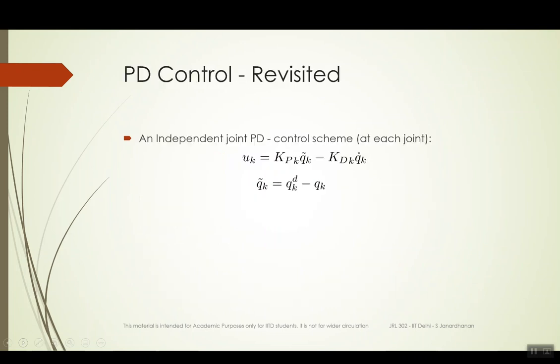Okay, and like in the independent joint control, at each joint we had a control that had a proportional term which depended on the error between the joint and the desired joint position, and another term that was the derivative part that took care of the joint velocity.